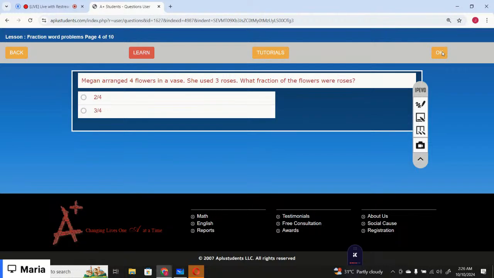Megan arranged 4 flowers in a vase. She used 3 roses. What fraction of the flowers were roses? Which is the correct option?